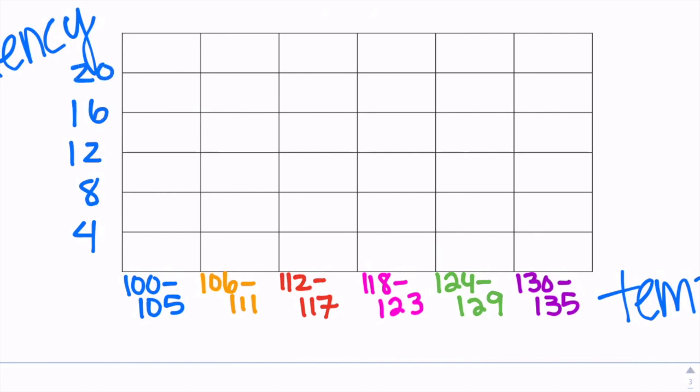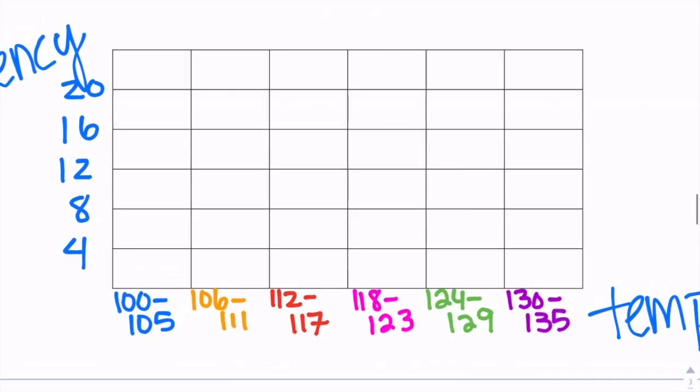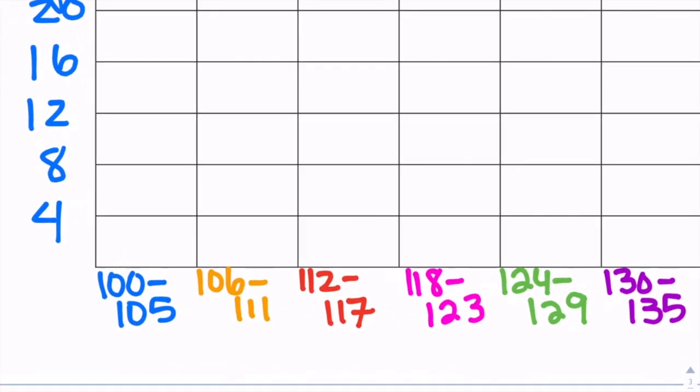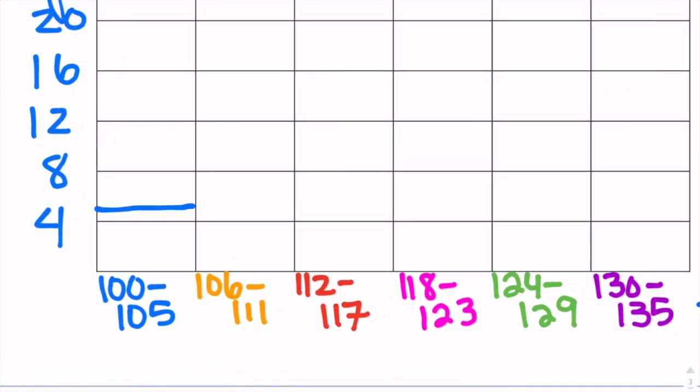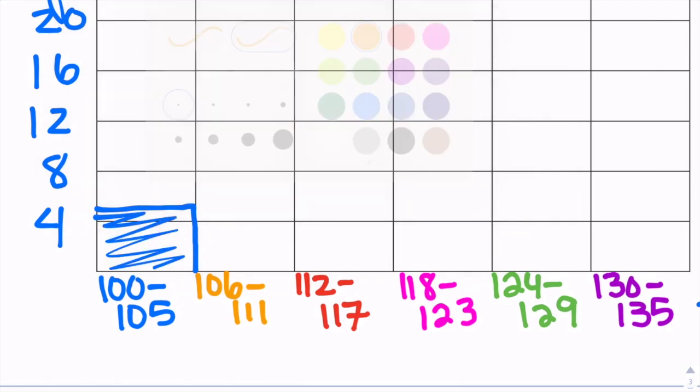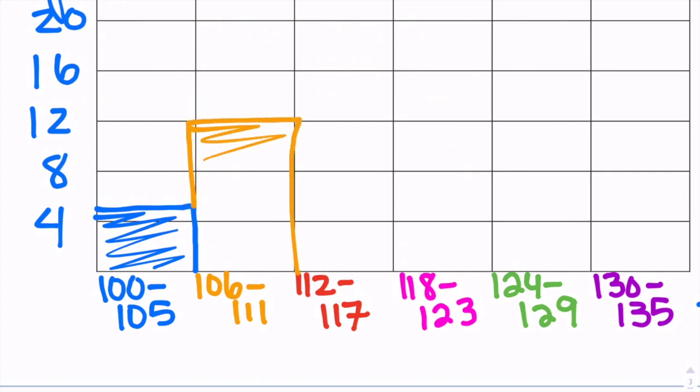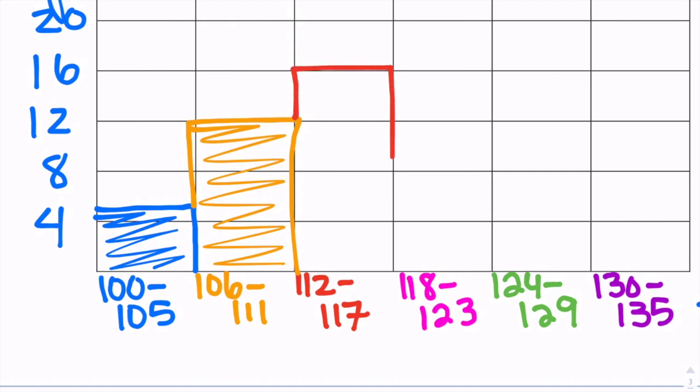And so for 100 to 105, we had 5. So we're going to go up to approximately 5. And then 106 to 111, we have 12. Then 112 to 117, we had 16.